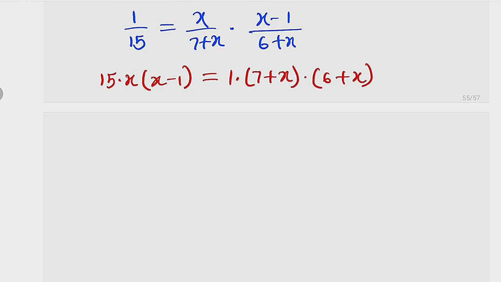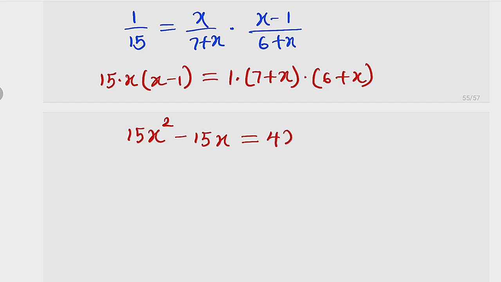So now let us expand. 15 times x is 15x, and that 15x times x, that will give us 15x squared. 15x times negative 1, that is negative 15x. Move to the other side. Already 1 will not change anything, so we take 7 and multiply by 6.